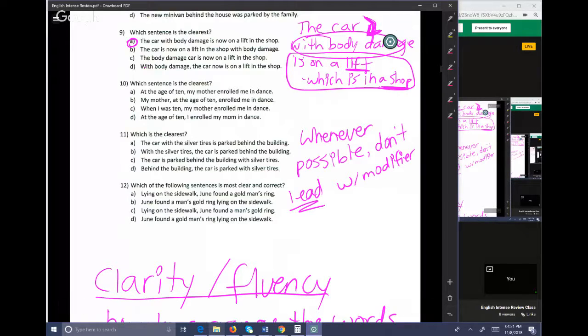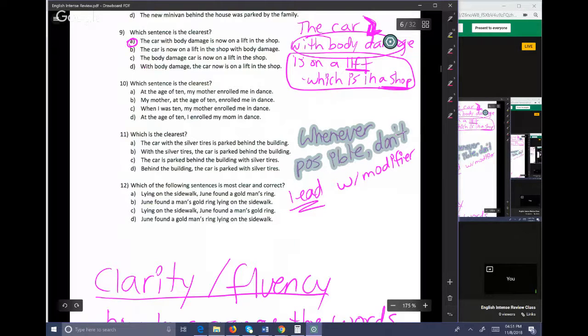That said, you should always be assessing these sentences for: are my modifiers correctly placed to where they're describing the thing I'm trying to describe? Or are they incorrectly placed where I'm describing, you know, the shop as being what has body damage? So there's degrees, right?